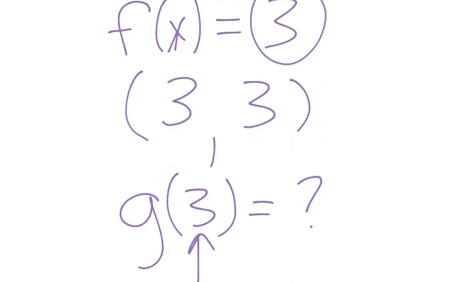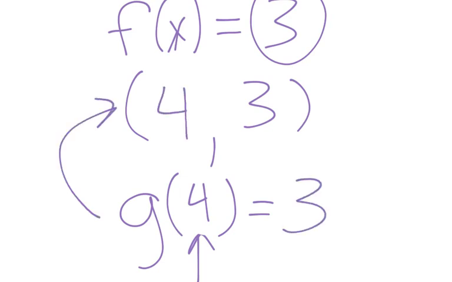Let's say instead of 3, this was 4, and let's say that g of 4 equals 3. That means the point (4, 3) is what that represents. With an input of 4, I have an output of 3. Input of 4, output of 3.